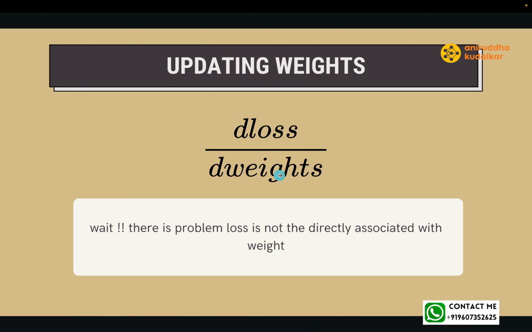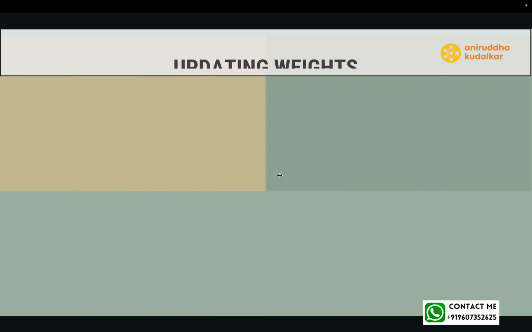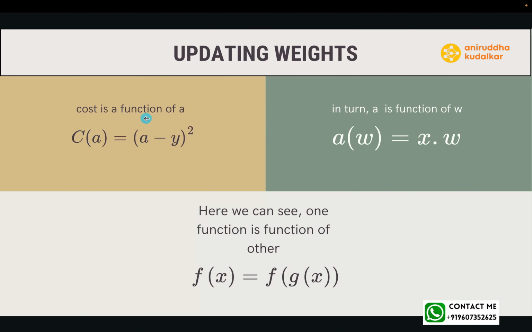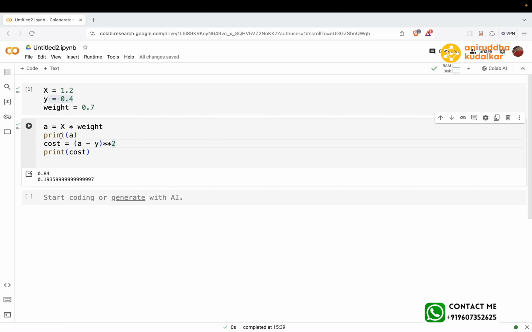Loss and weight are not directly associated. Here loss is a function of A and A is a function of W. Here also you can see the cost and W are not directly associated, but cost is a function of A and A is a function of W by keeping x constant, right?